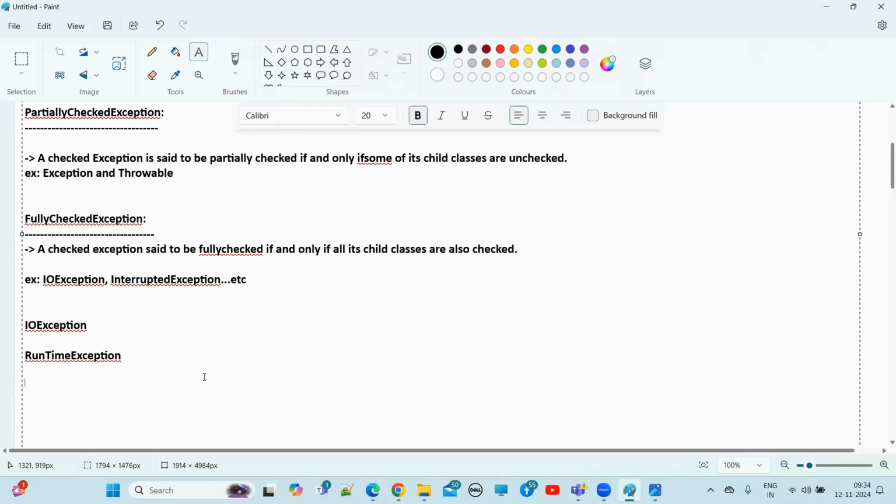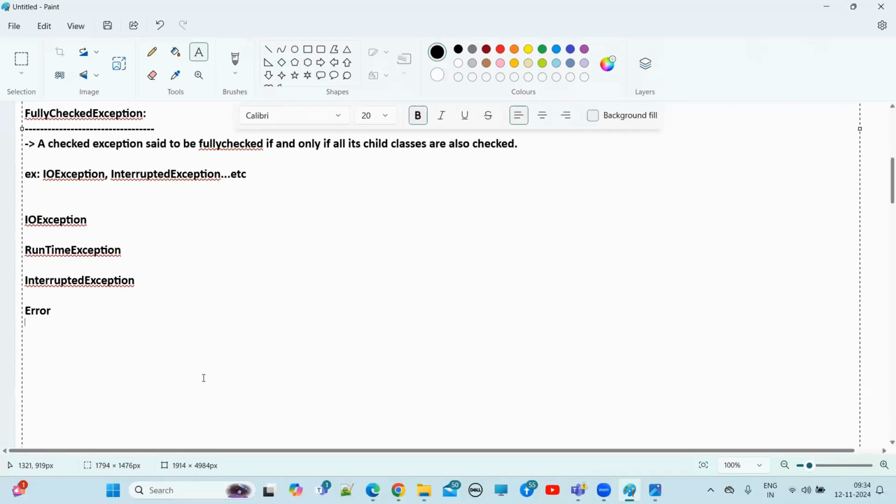Next, InterruptedException. Tell me, guys. Checked exception, fully checked exception. Okay. Error. Come on. Unchecked exception. Throwable.